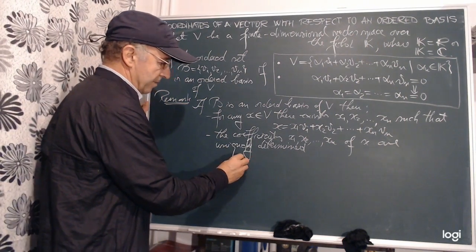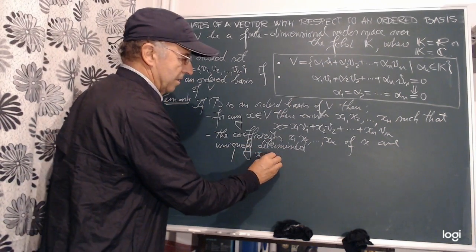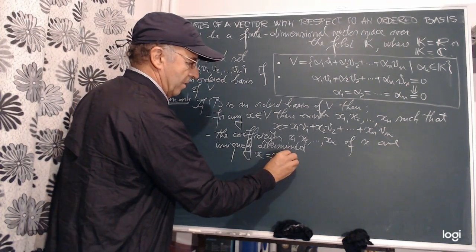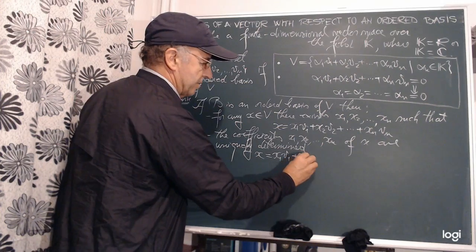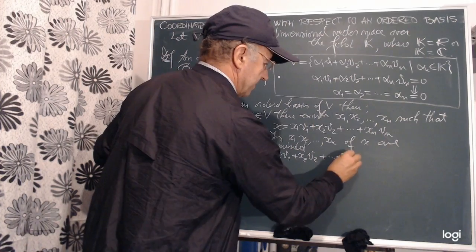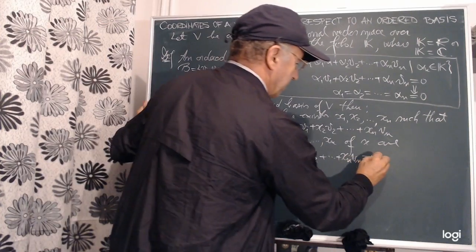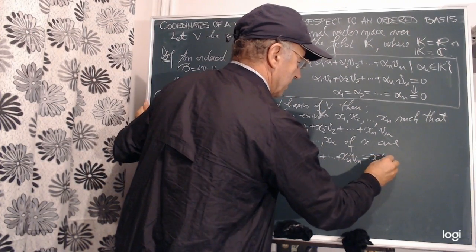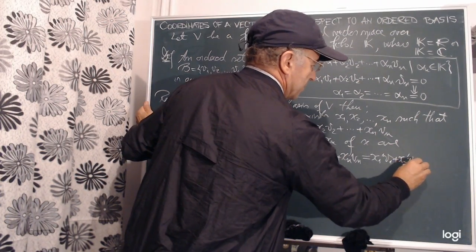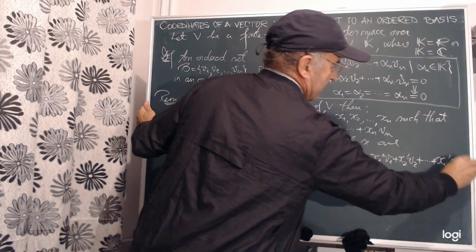If we suppose that x can be written in two ways in this form, x1 v1 plus x2 v2 plus xn vn, and also x1 prime v1 plus x2 prime v2 plus so on plus xn prime vn.